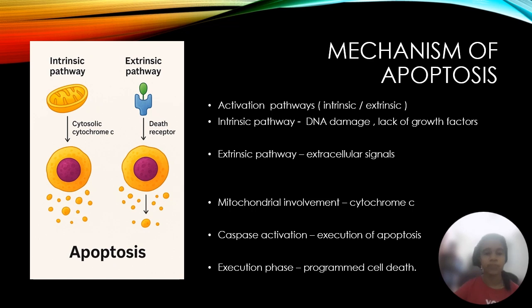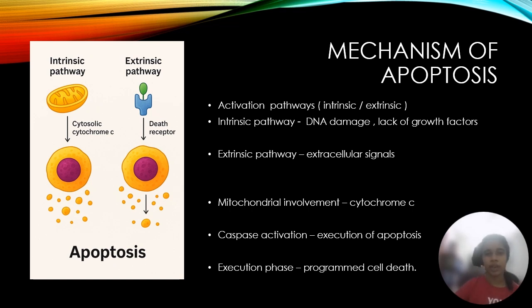Now what happens? Caspase 9 will cleave and activate your downstream effector caspases, as I told before, caspase 3, and that will result in cell death. So this is the intrinsic pathway. I have just given a gist of it.